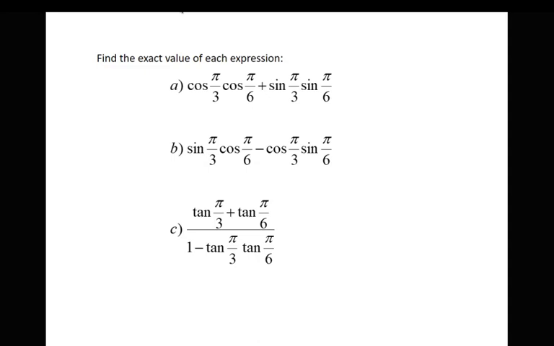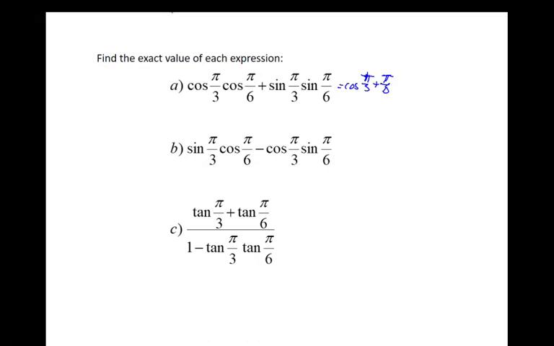Since it's minus, that is the sum. So basically, this is equal to cosine of pi over 3 plus pi over 6. And when you add those two together, you're going to get pi over 2, and cosine at pi over 2 is 0. And then you do the same thing for the other ones. And those are your answers.